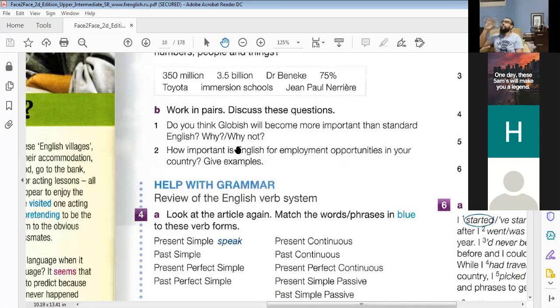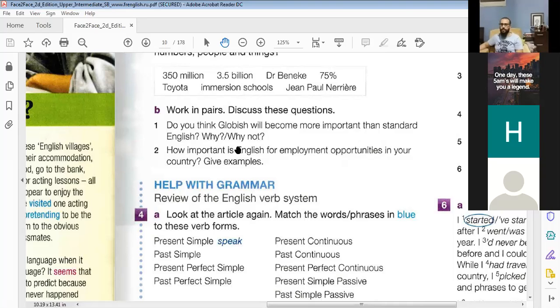I agree with her opinion, but for becoming more important than the standard one, I don't think so, because if Globish, as you said, is not the standard one, I don't need it. It's just for example, to carry a conversation or just for chatting.